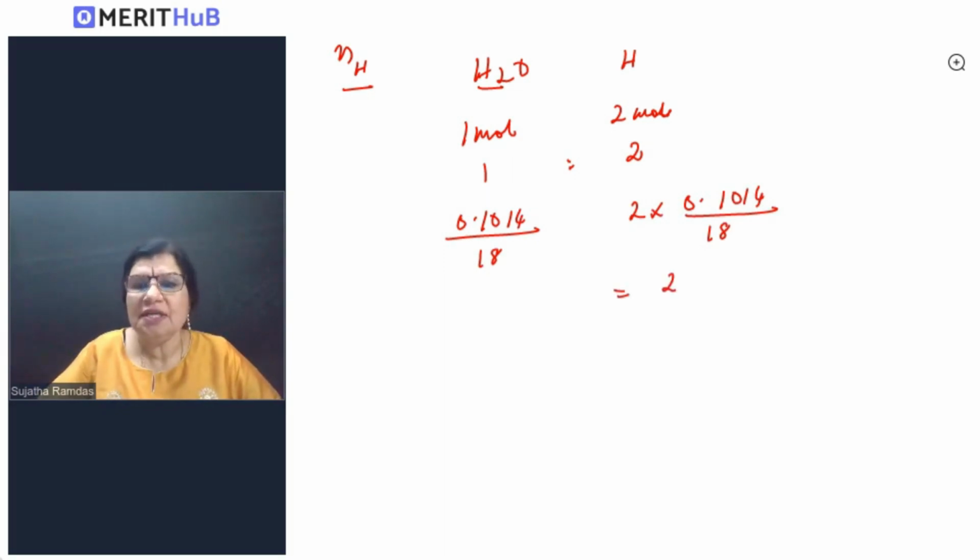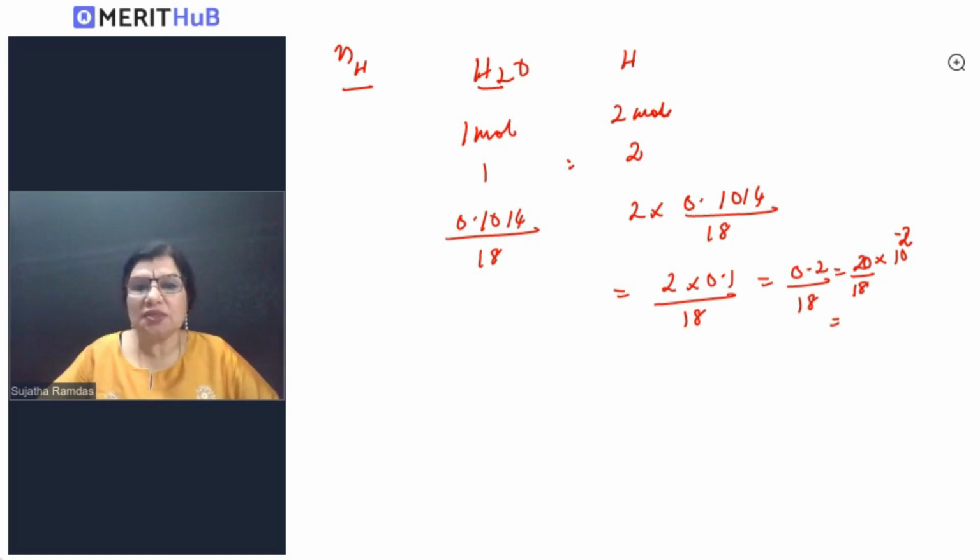Let's simplify it further. 2 into 0.1 by 18, 0.2 by 18, which is 2 into 10 to the power of minus 1 by 18, or 20 by 18 into 10 to the power of minus 2. So this would be approximately 1.1 into 10 to the power of minus 2, or 1.12 into 10 to the power of minus 2. That would be the number of moles of hydrogen atoms.